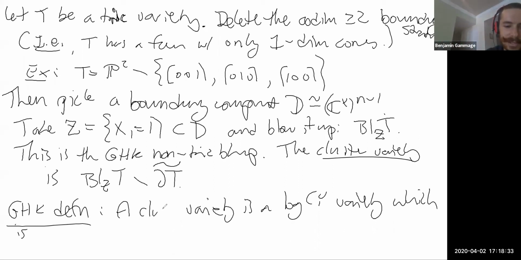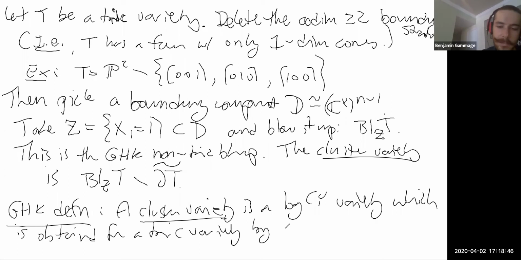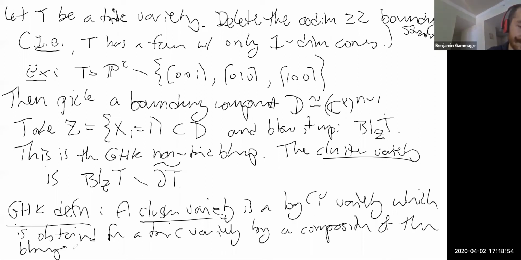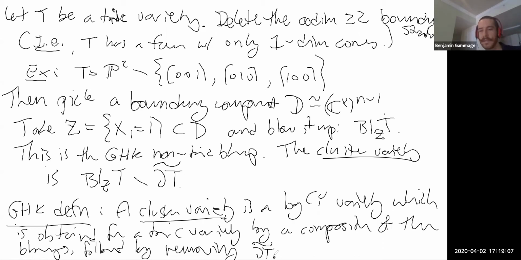A cluster variety in general is a log-Calabi-Yau variety, which is obtained from a toric variety by a composition of these blowups, followed by removing the proper transform of the toric boundary divisor. So that's the definition of a cluster variety for them.